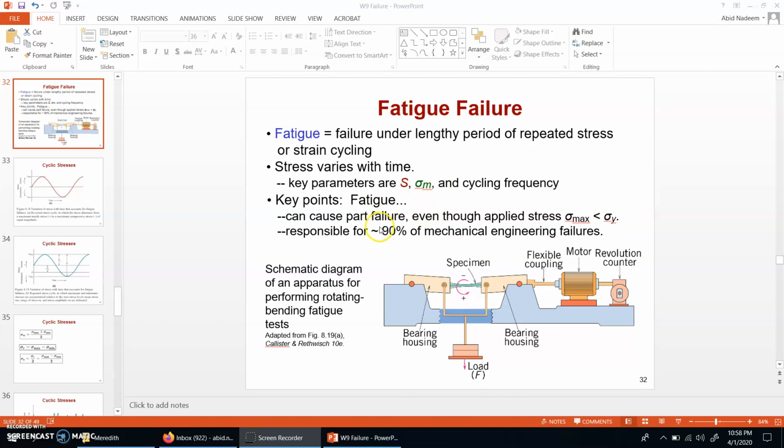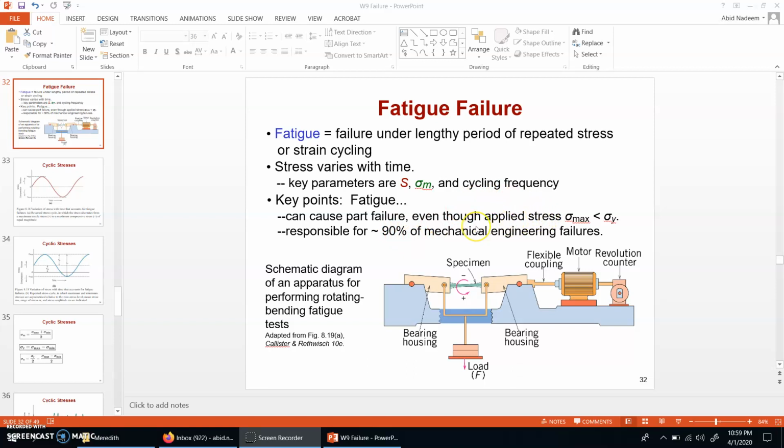So what are the key points in fatigue? As I have just mentioned, it is a very important type of failure, and most of the failures for the mechanical parts result from the fatigue phenomena. At least 90% of the mechanical engineering failures are due to fatigue.